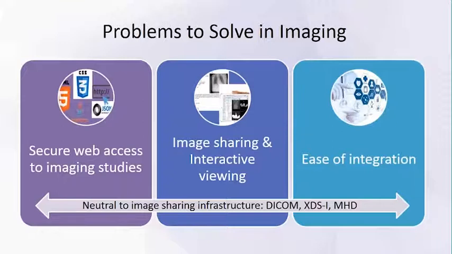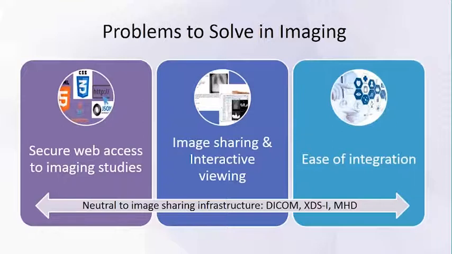We need to make sure images are part of that ecosystem and have secure web access to studies. At the same time, we want to make sure that the studies can be shared, and not only shared, but also provide interactive viewing, because as many of you know, images are not static. We need interactive viewing capabilities to show those images.